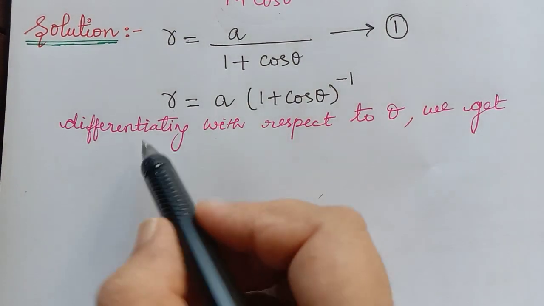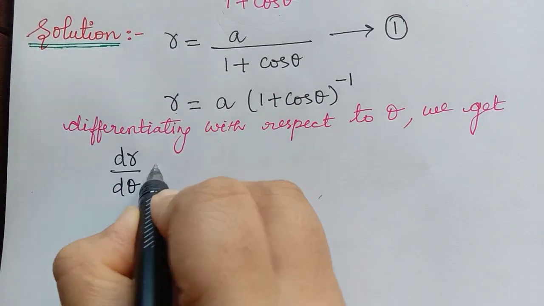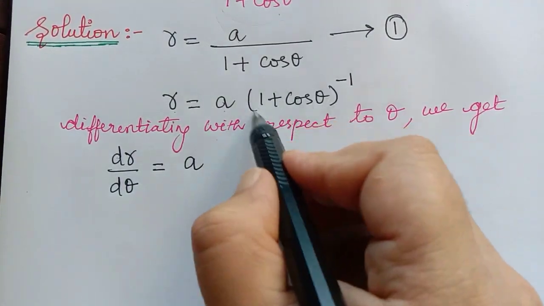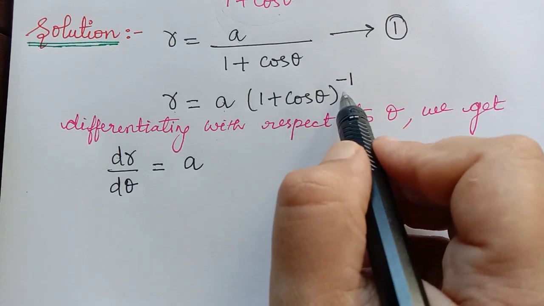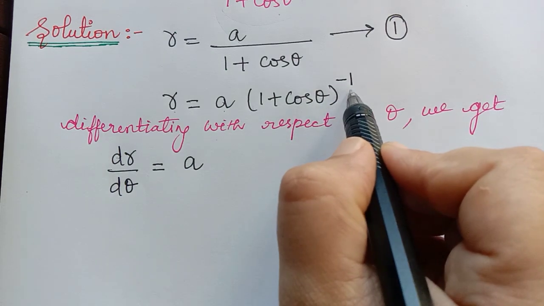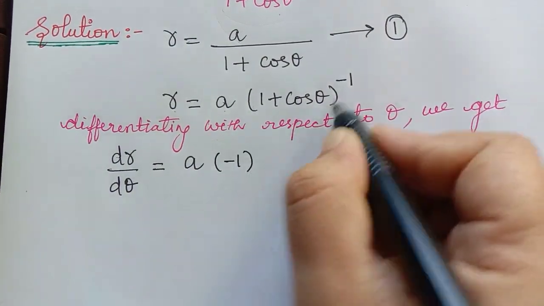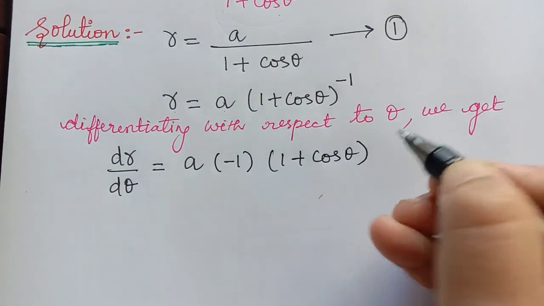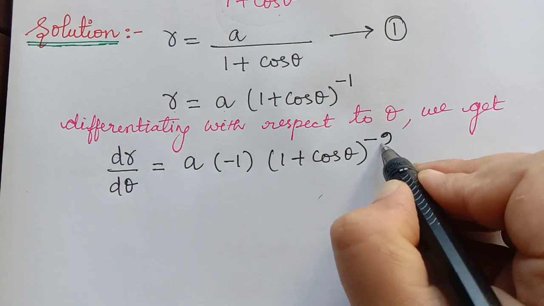So when we differentiate this with respect to theta, we get dr by d theta equal to a, since a is a constant. Now this has to be differentiated by using the x power n formula, which is n x power n minus 1. Here the value of n will be negative 1, so it will be minus 1 multiplied with 1 plus cos theta to the power minus 2.